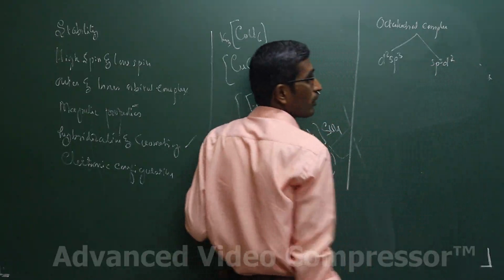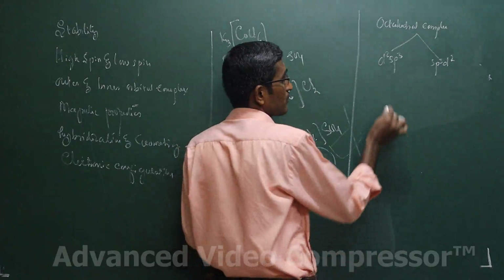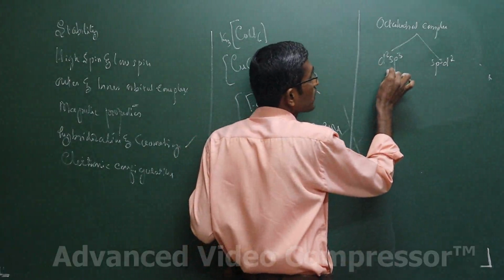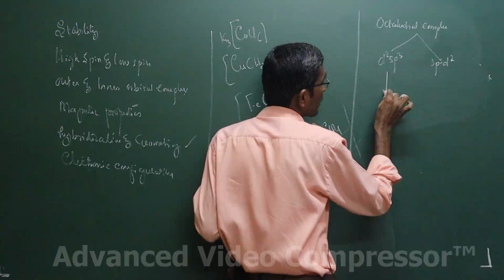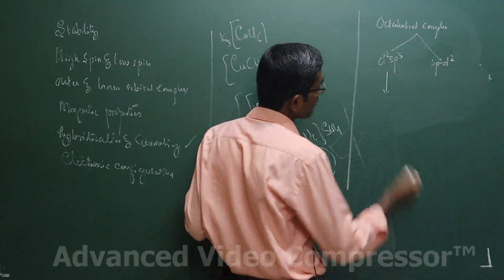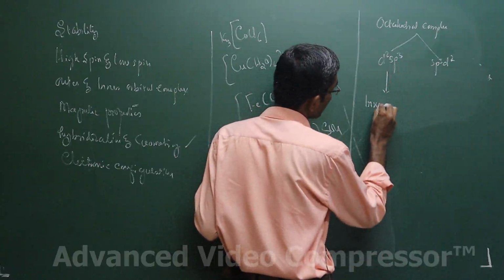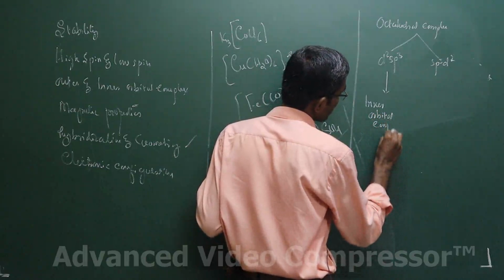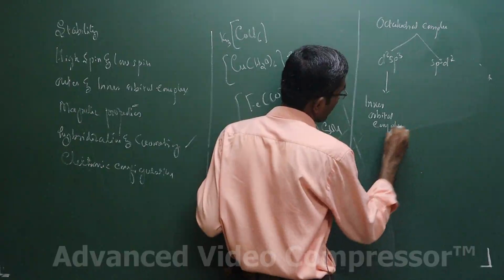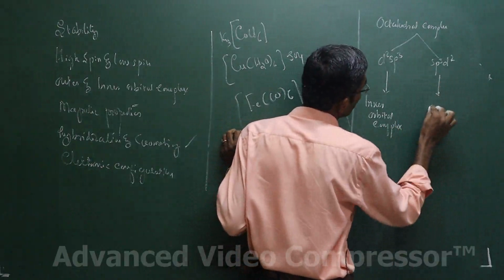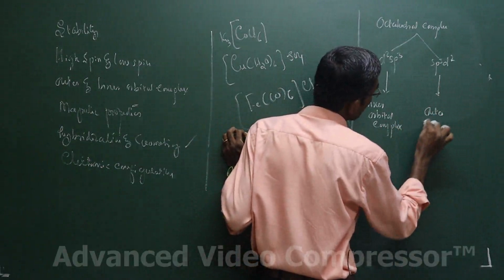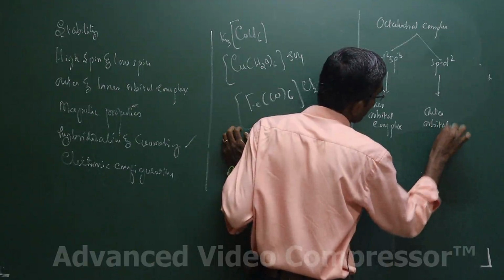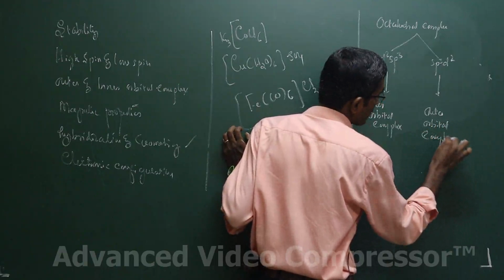These two hybridizations are the options. d2sp3 means it is an inner orbital complex, right? And sp3d2 means it's an outer orbital complex.